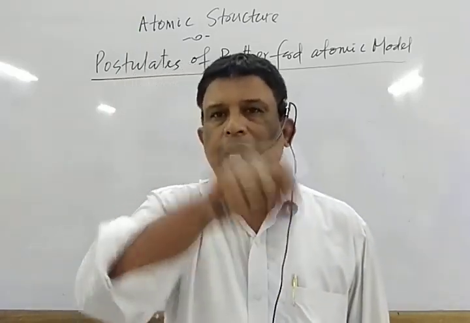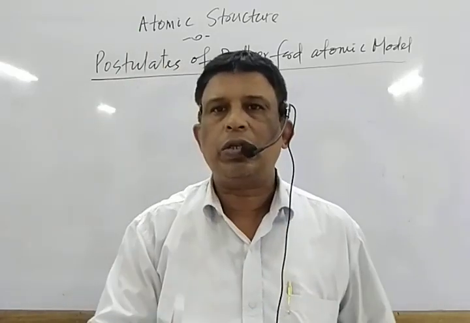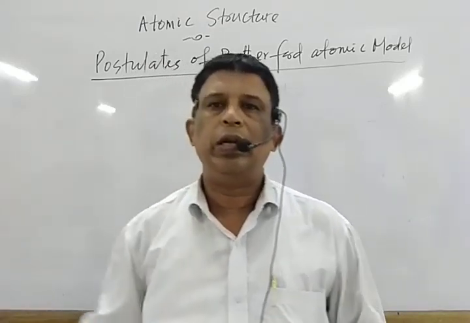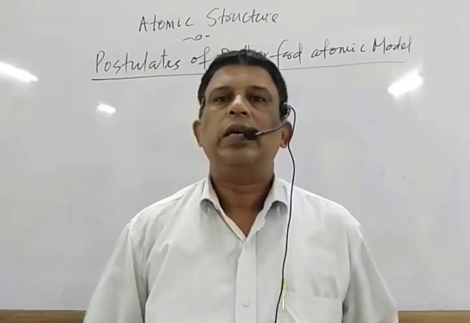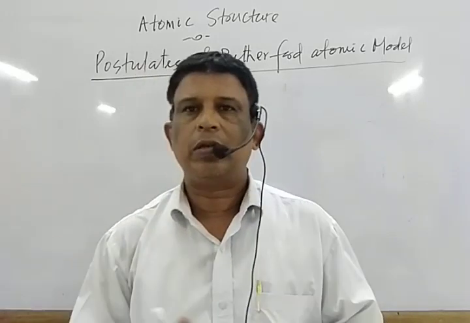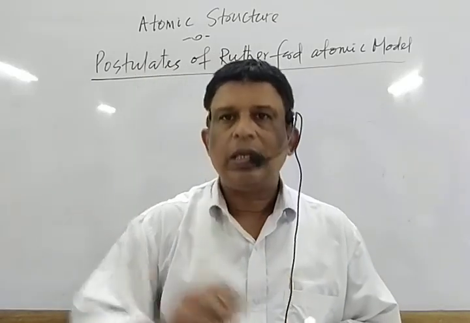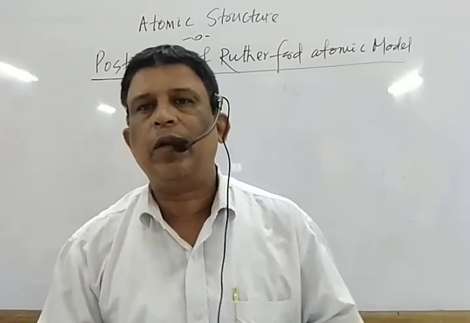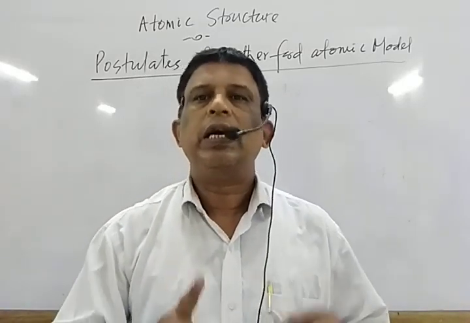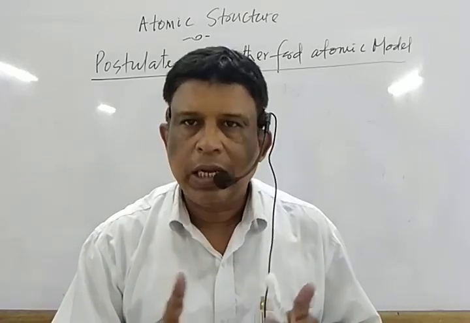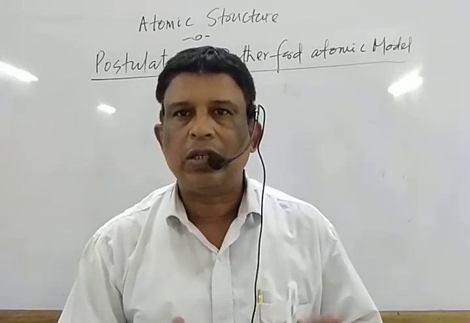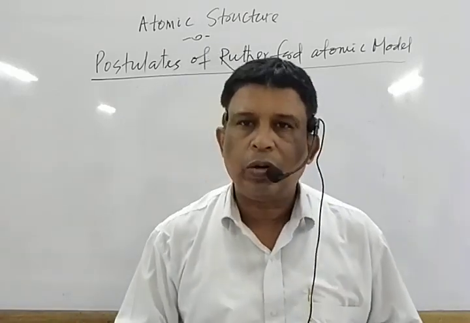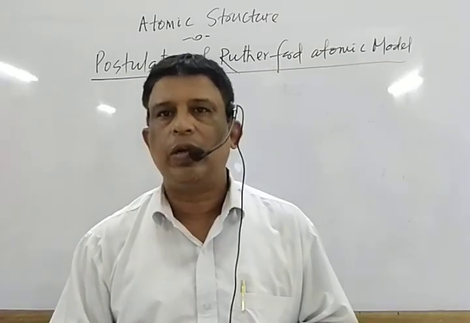The negative charge electron when revolve around the nucleus always try to move away from the nucleus, that is known as centrifugal force. While the nucleus attract the electron towards itself, that is known as centripetal force. These two forces cancel out each other, as a result of which there is no chances of the electron coming towards the nucleus or falling into the nucleus.